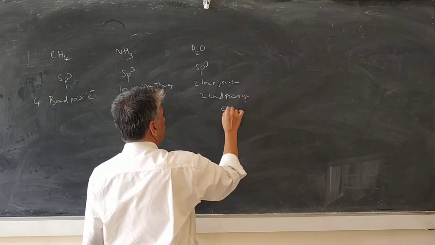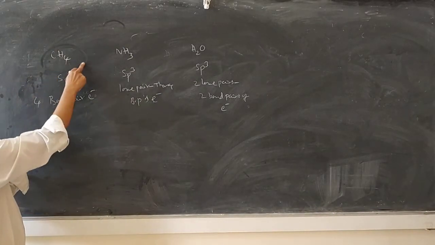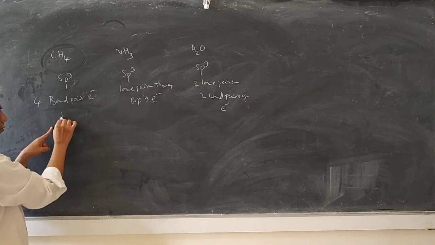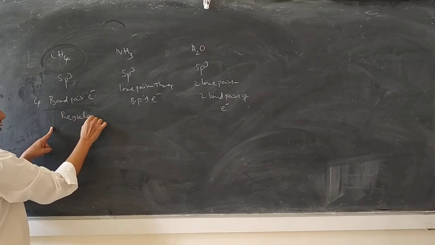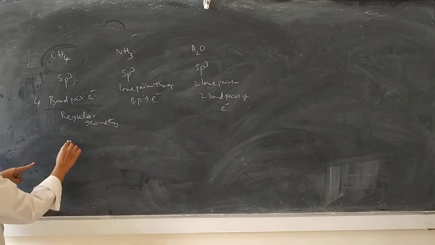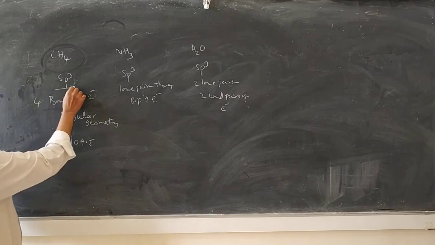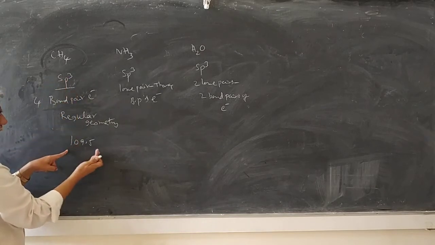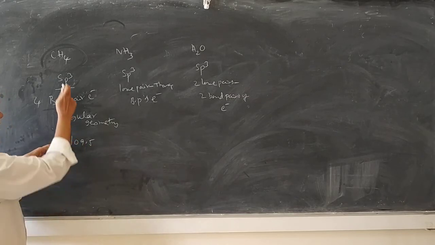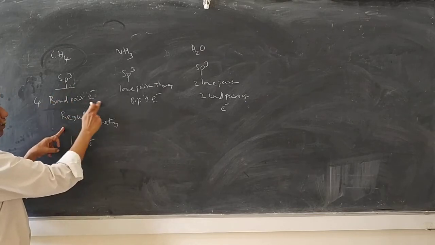I told you, if the molecule involves only bond pairs of electrons, such molecules will have regular geometry, with regular bond angle, and it is equal to 109.5 because we have sp3, the expected bond angle is 109.5. There is no decrease in bond angle since this molecule has regular geometry because it has only bond pair electrons.